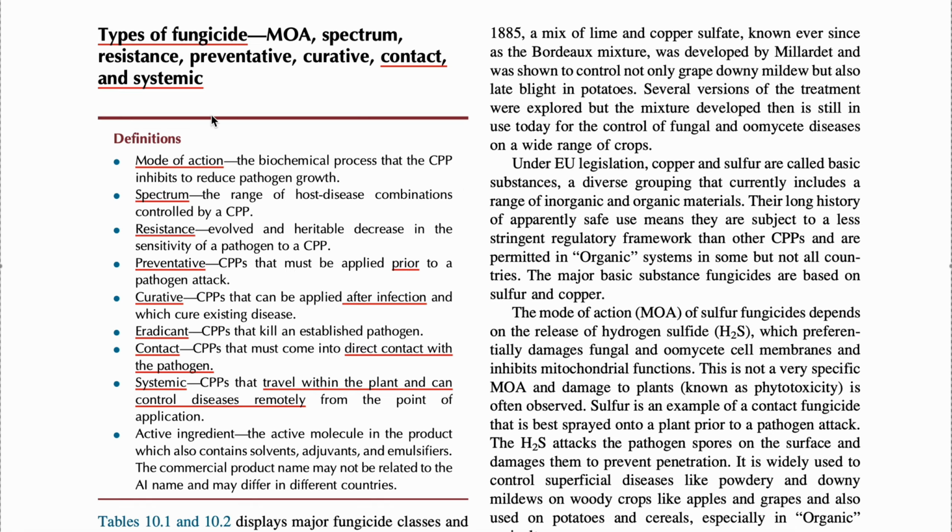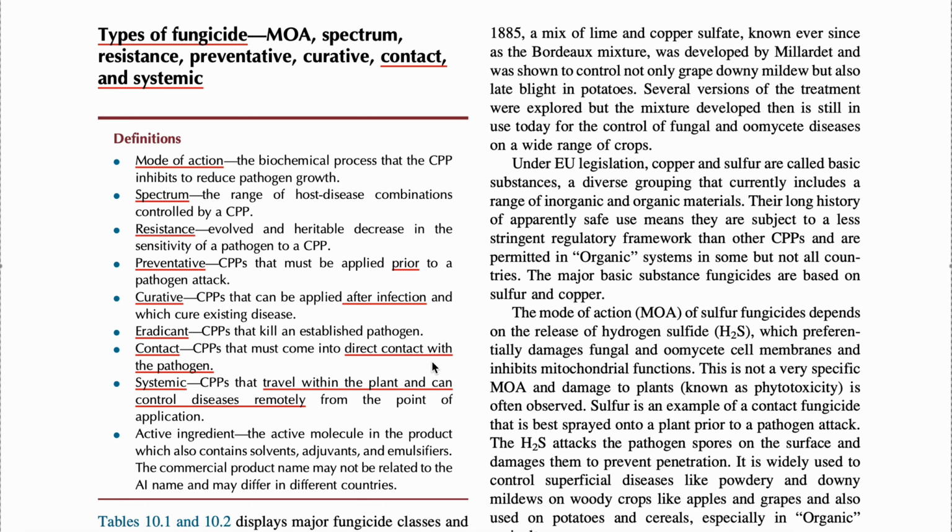The examples that I gave you while describing the mode of action: for carboxamides it's SDHI, for triazole it's sterol, for strobilurin it's quinone, cytochrome B. So they have a single site of action. Because of that, systemic fungicides can break down easily, whereas contact fungicides have multiple sites of action.